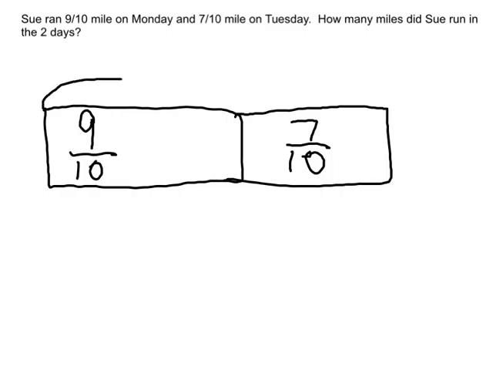Now these 2 tapes equal the amount that Sue ran on Monday and the amount Sue ran on Tuesday, and this is our total. So in order to do that, we're going to add up these 2 fractions.